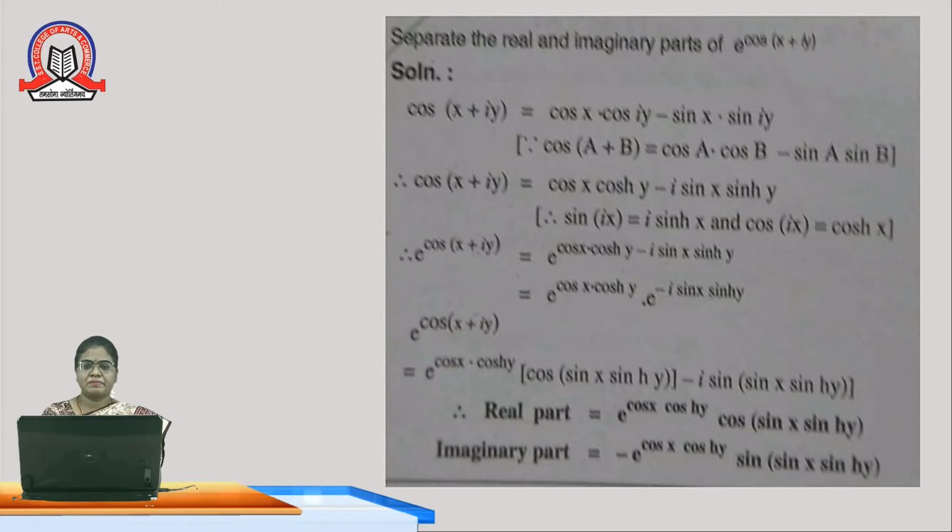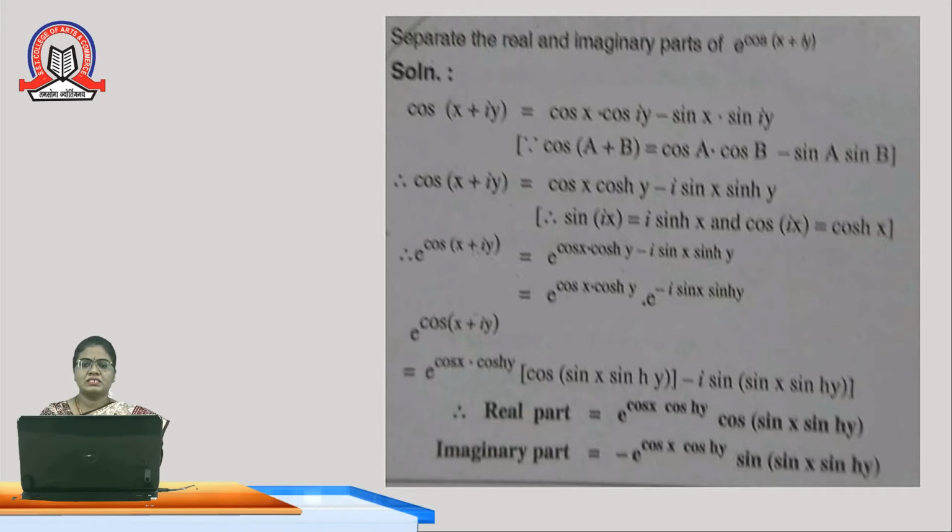Next problem, separate the real and imaginary part of e power cos of x plus iy. So in the place of power it is cos of x plus iy. Using the formula cos of a plus b, we are getting cos a into cos b minus sin a into sin b. That is cos x into cos iy minus sin x into sin iy.